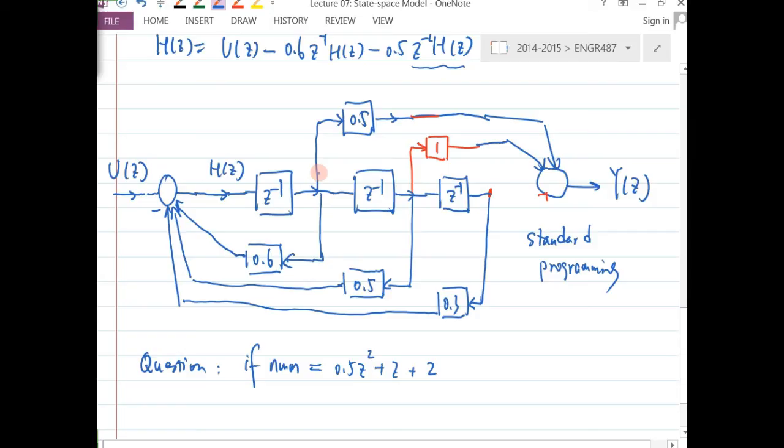Now the only question is which one should be x1. You have x1, x2, x3, and the choice of which one is x1 makes the state space model look different. So let me try this first. I'll choose this as state variable x1 of k.